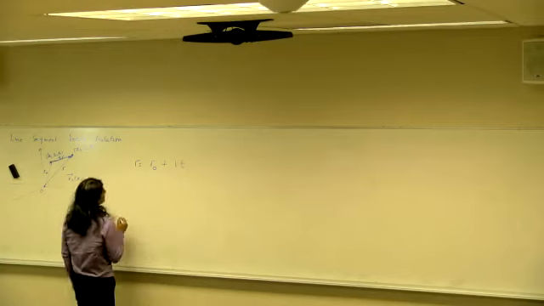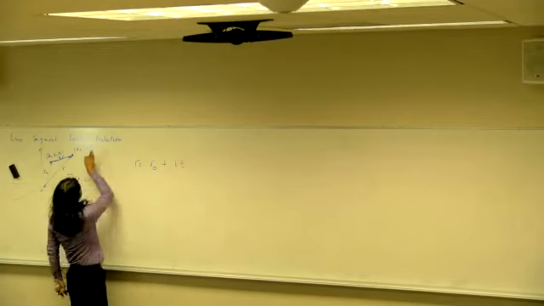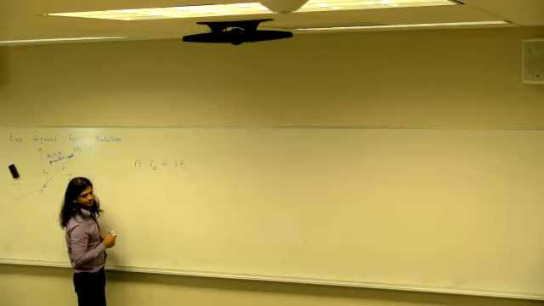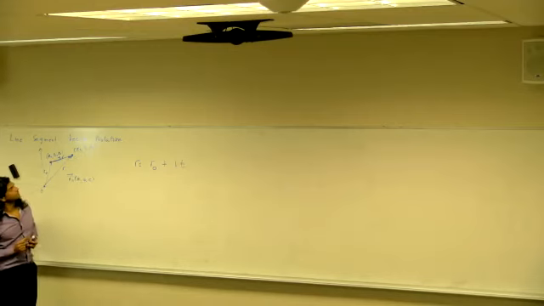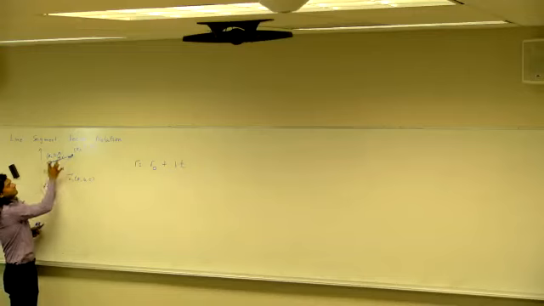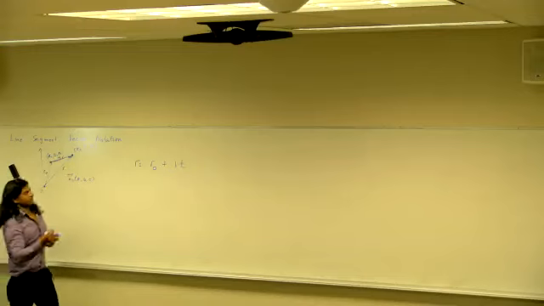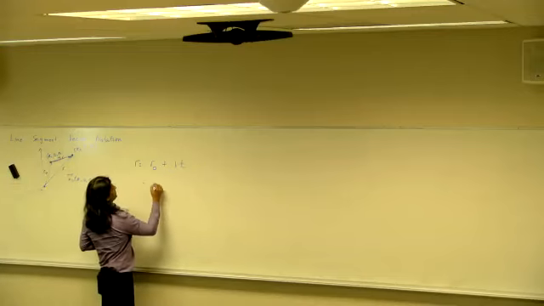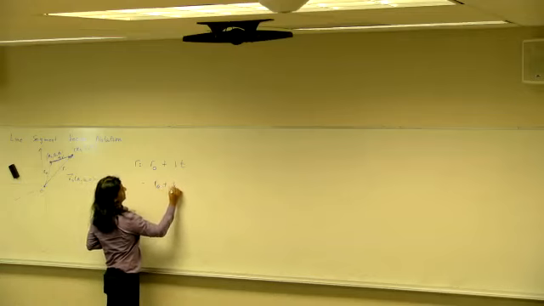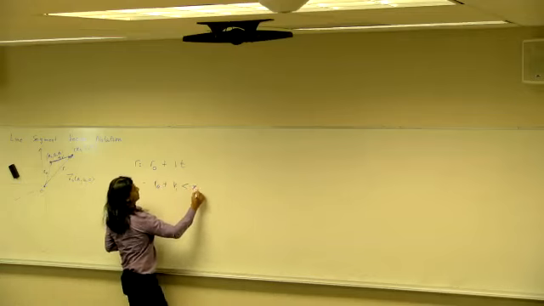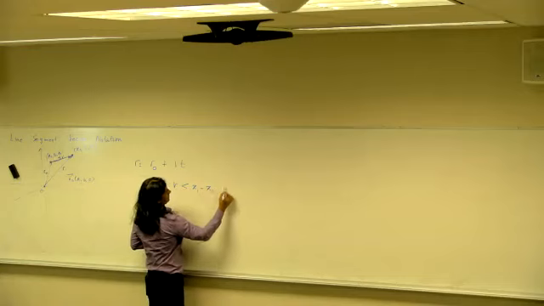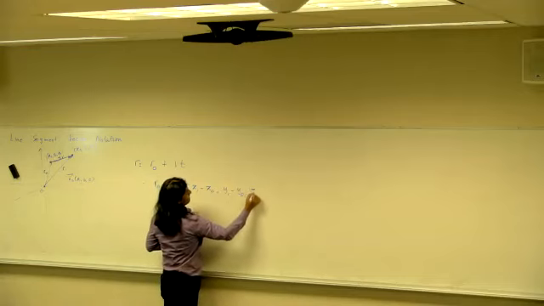TA, TB, TC, sure, but in terms of those 2 points, it's just X1 minus X0, Y1 minus Y0, Z1 minus Z0.